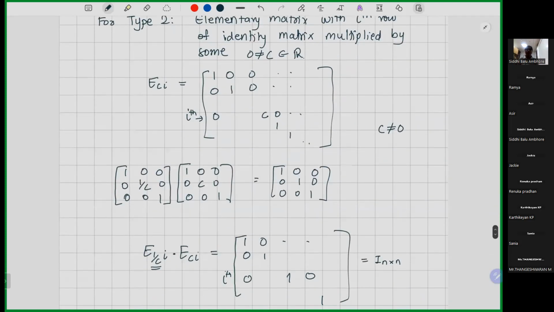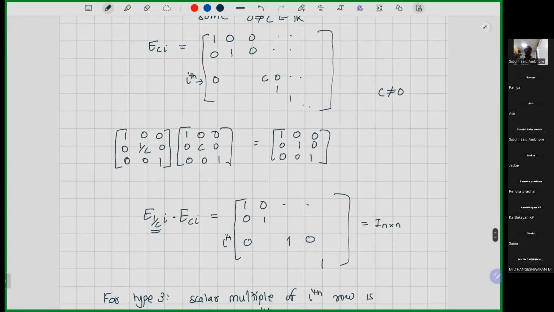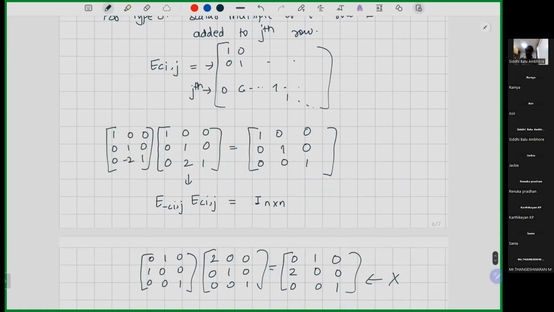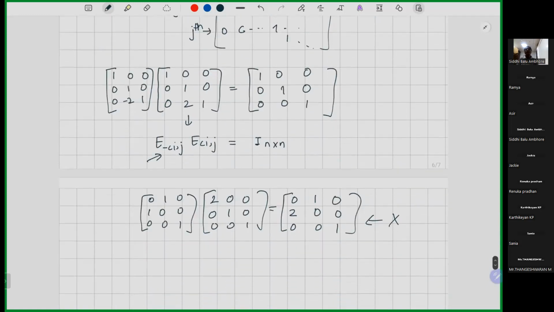For scaling a row by a non-zero scalar, we can take the inverse of that scalar, since the scalar is non-zero, and multiply that row, and the corresponding matrix is an elementary matrix again. And for this also, adding minus C multiple of the ith row to the jth row will give the inverse of the matrix obtained by multiplying the ith row by C and adding it to the jth row.